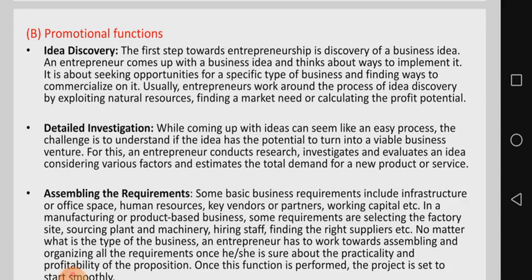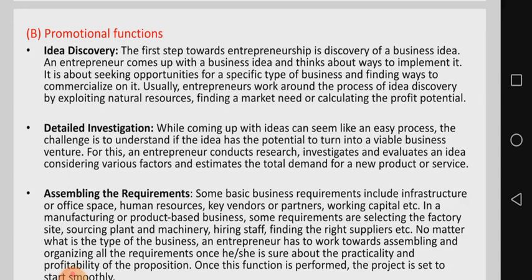When you want to run a business, you will first investigate or do the research of the customers of your business, of your employees, or what kind of employees you need. So all this comes into detailed investigation.